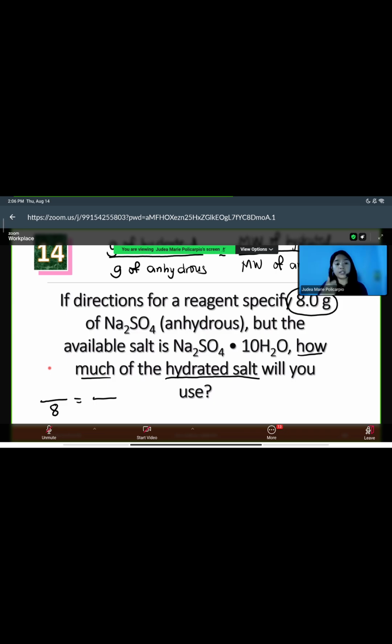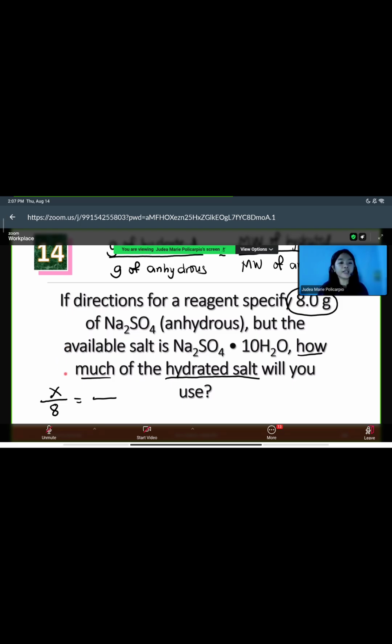That means the grams of the hydrated salt natin will be the mysterious X natin. Siya yung ating magiging X in here.